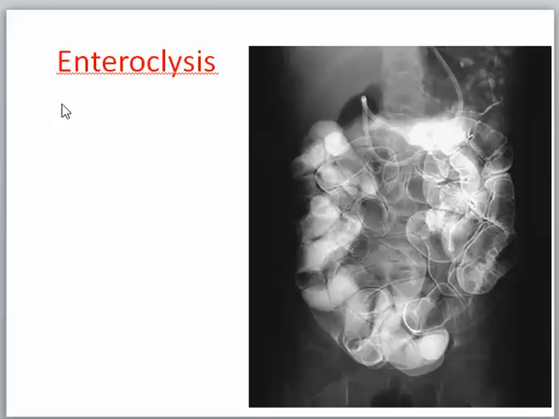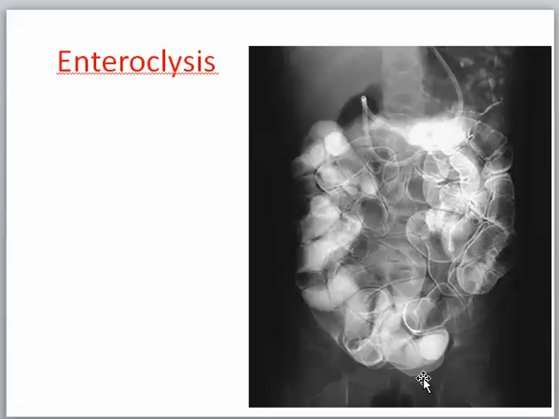What is enteroclysis? Enteroclysis is visualization of the small intestinal mucosa done by giving something to cause hypotonia, and to insert a nasointestinal catheter into the region of the first part of the duodenum and then inject dilute contrast.